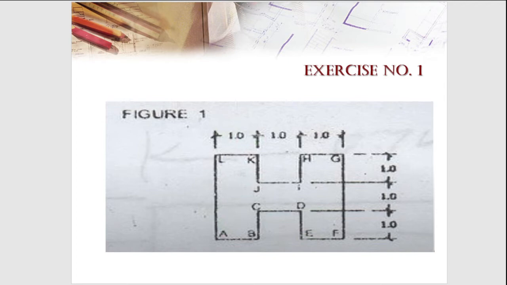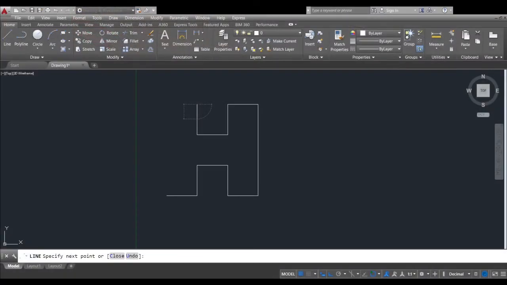Our x coordinate is 1 and our y remains the same, so that is 13. So don't forget the hashtag 1, 13. Enter. So we can type C to close the figure.